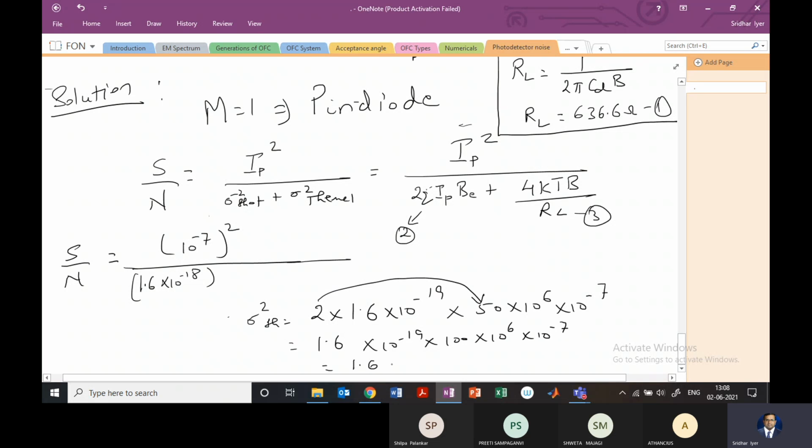So this will just be 1.6, and you just have to adjust these powers: 26, 20, 18, into 10 raised to minus 18. Check. Yes, sir, correct. I took it as 10 raised to minus 1. Okay, we are getting the answer.